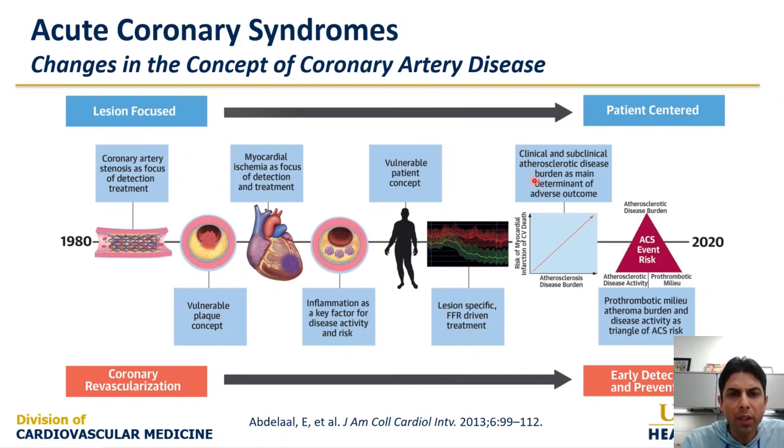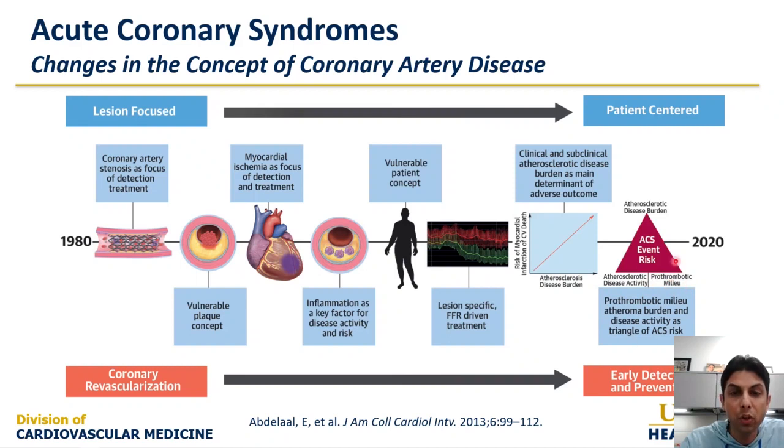Then moving on, we thought about clinical and subclinical atherosclerotic disease, detecting disease before a patient has an adverse outcome such as a myocardial infarction or unstable angina. And then finally, in 2020, we're very patient-centered as compared to being lesion-focused, and we think about the ACS event risk in terms of a triangle, where at the top of the triangle we think about atherosclerotic disease burden, and then we also think about atherosclerotic disease activity, and then we also think about the prothrombotic milieu.